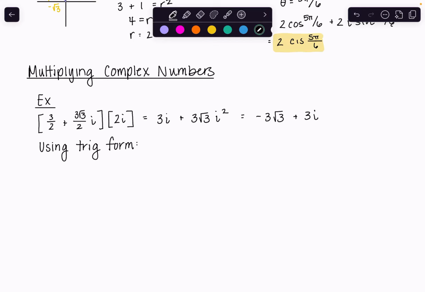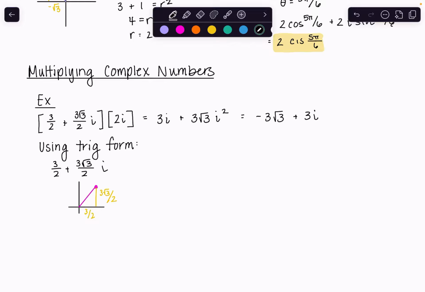Okay, so if I start with this first one, 3/2 plus 3 root 3 over 2i, that is going to be in quadrant 1 because both x and y are positive. So my x value is 3/2. My y value is 3 root 3 over 2.